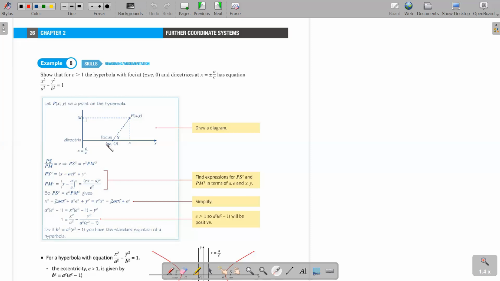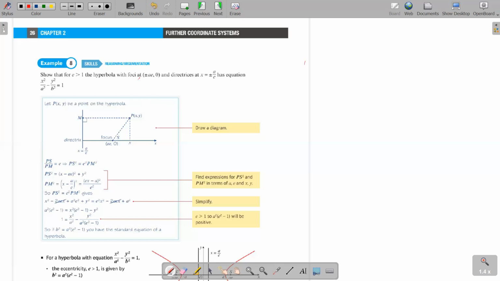So which means what? In this situation, the directrix comes first and the focus comes after the directrix, because a over e is smaller. Now we are talking about the hyperbola, and they have taken a point P on the hyperbola. I told you the directrix is always outside the shape, while the focus is inside.